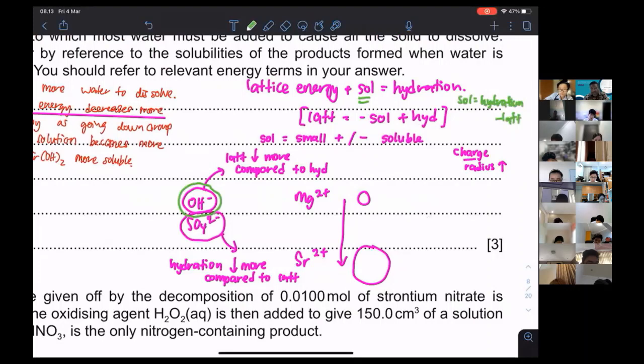Even in your exam, you don't need to specify all this. What happens if the lattice energy decreases more? When it decreases more, the enthalpy of solution is going to become more negative.